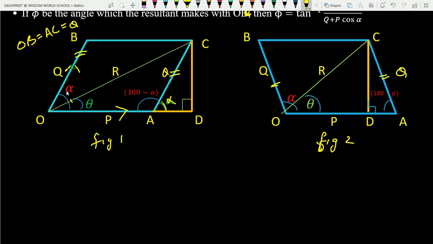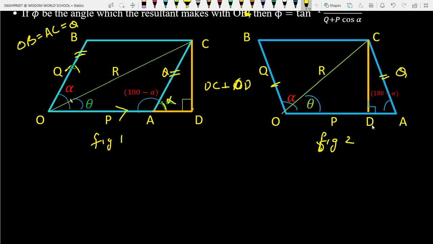OA has been produced to AD, and DC has been dropped such that DC is perpendicular to OD. Here also DC has been dropped as a perpendicular on the line OA.